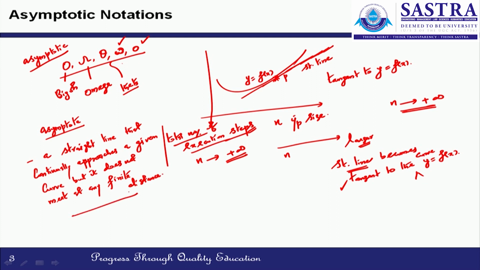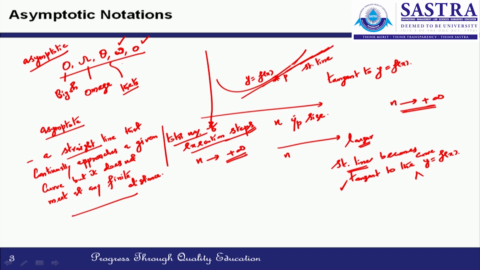So, clearly when the straight line becomes the tangent to the curve, then we can say that the straight line is said to be asymptote to the curve y is equal to f of x.